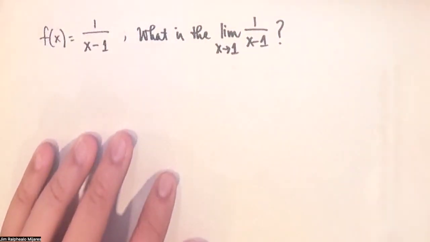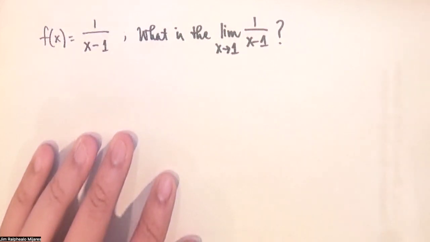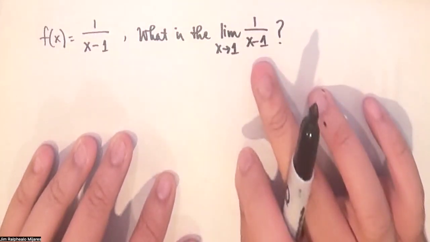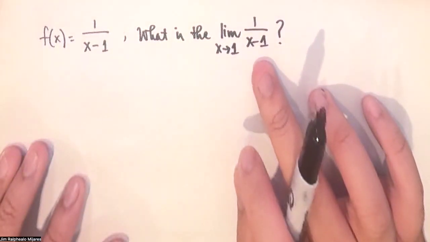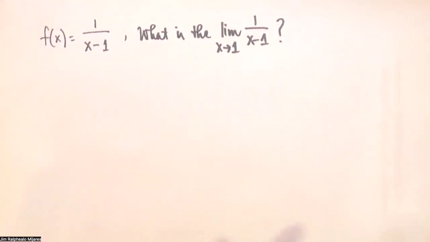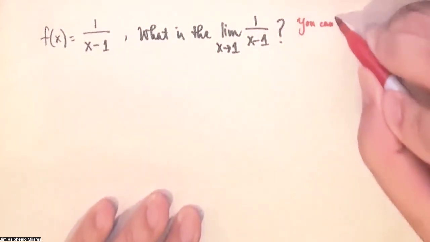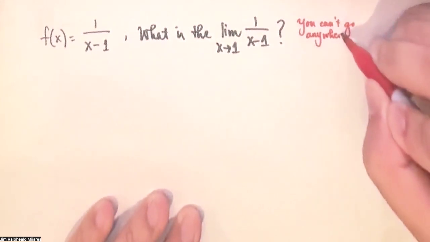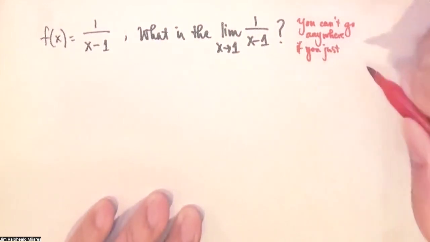Now, the natural thing here is you would try to substitute, but there's something wrong. If you try to substitute 1 in here, you get 1 over 0. So you can't go anywhere if you just substitute.